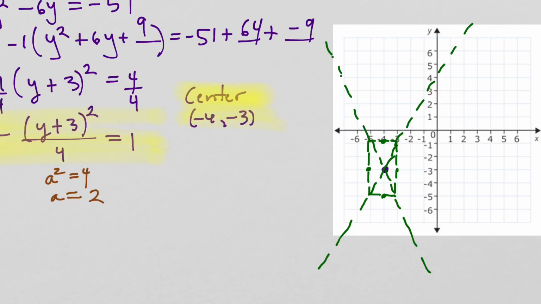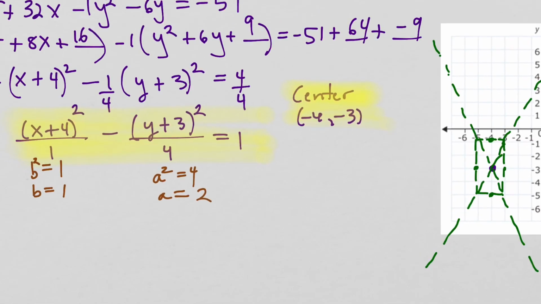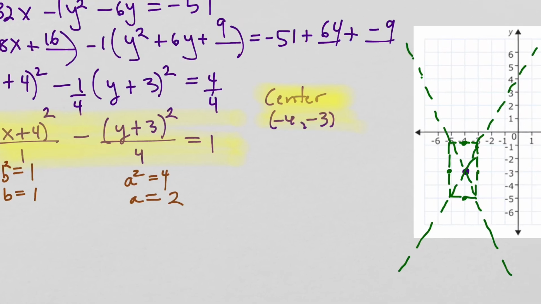And if I look at my equation in standard form, I can see that my x squared, my positive term right here, is going to tell me, if we use this rule consistently, the positive term is the term that tells you where it cuts through. So my branches of the hyperbola are going to cut through the x-axis.